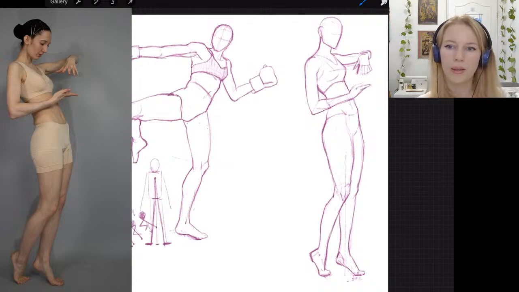Compared to the reference right now, it seems to me that her pelvis should go forward a bit, but I think it's not that significant up to this point. So yeah.